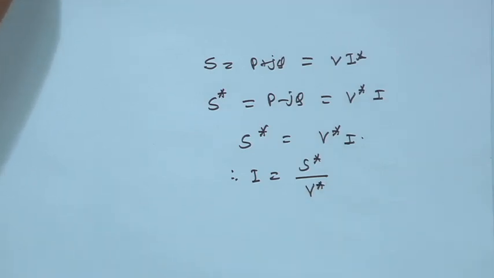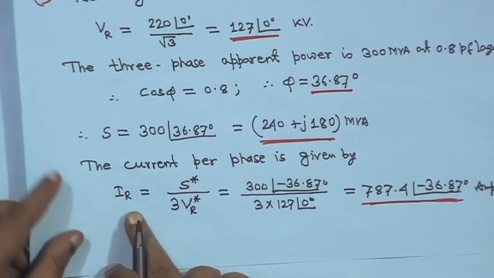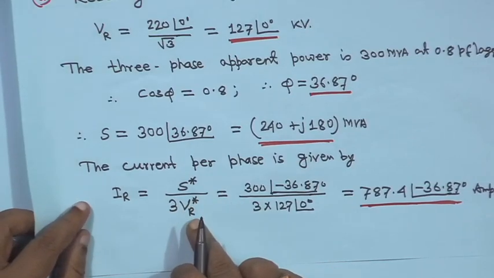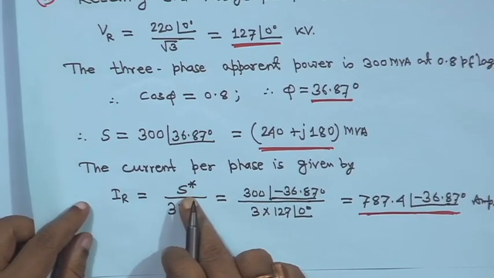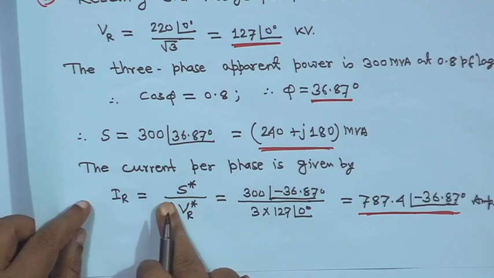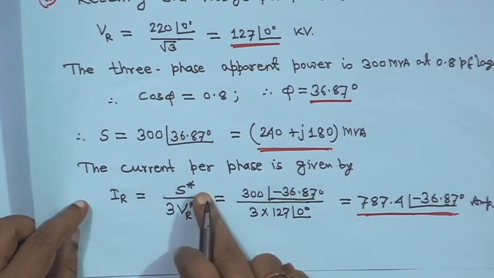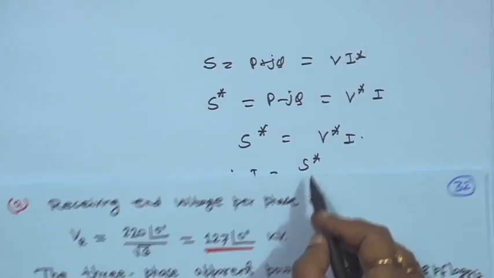So, that is why you write IR is equal to S conjugate upon VR conjugate. The 3 comes because of the three phase. If it is per phase, then 3 will not be there, but it is three phase, right. That is why S conjugate upon VR conjugate.